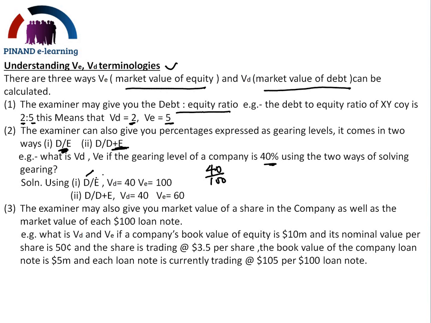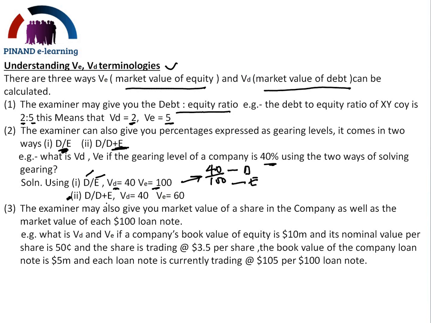Using debt over equity, it means where I have debt, I will put 40, where I have equity, I'll put 100. If I'm using the first formula, that's what I will get. So VD will be 40, VE will be 100.